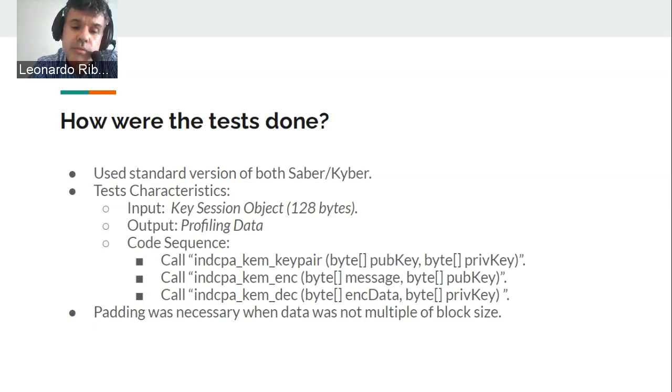And after that, we used the decryption function, so we could decrypt the data and check if it was okay. For the test we needed to use padding because the input data was not a multiple of the block size of each Kyber and Saber algorithm.